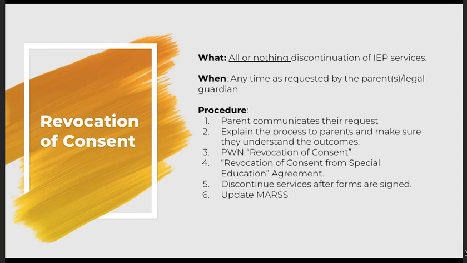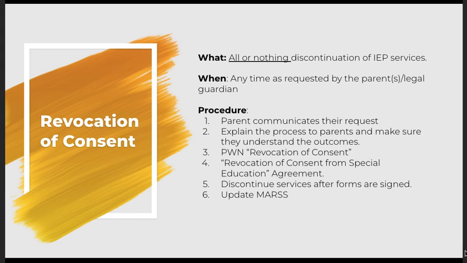Once you receive consent or the 14 days go into effect, services will discontinue. The only time you absolutely have to have that signature on the revocation of consent is if it's a homeschool family that is not wanting services anymore. Then it's really important that we obtain that signature.